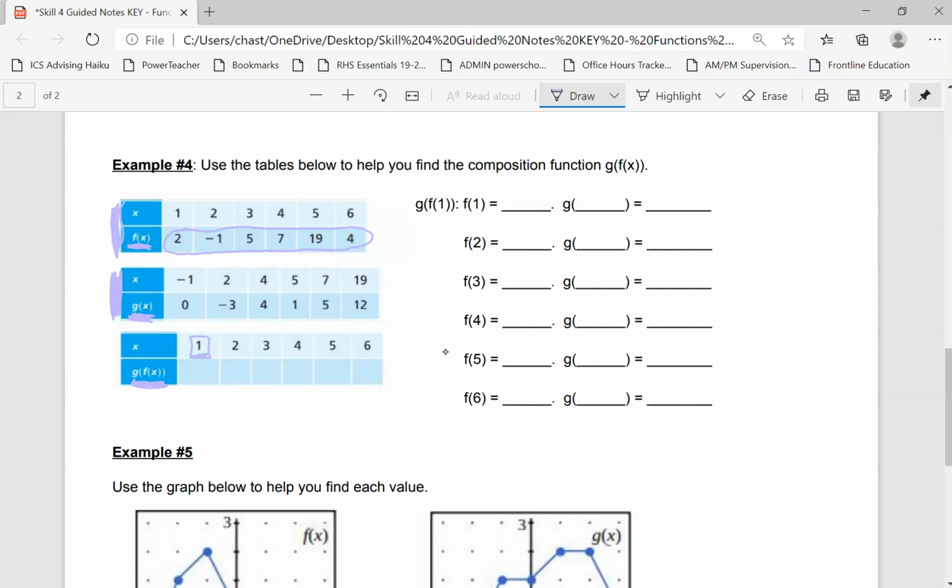What I'm going to do first is look at f of 1. Here's the input 1, and we get an output of 2. So I have to put that output of 2 as the input for g of x. Notice that we're going to go to here, and when I plug that in, I get negative 3. So if I finish following the chain, g of f of 1 would be negative 3.